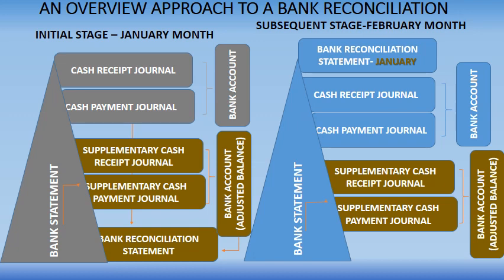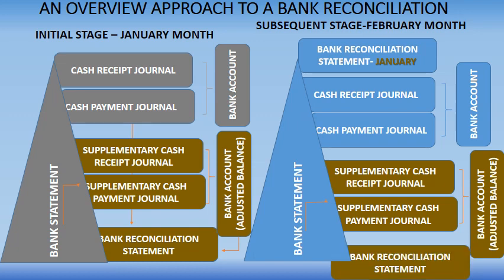The bank account will also reflect the opening balance for the month. This opening balance was the balance that was calculated in the bank account of January. The bank account for February will be closed off by calculating the adjusted closing balance.